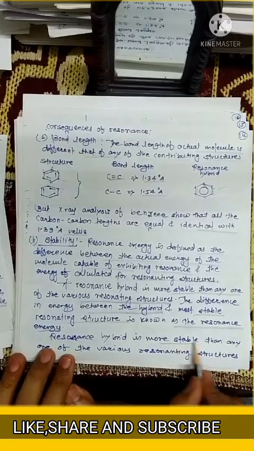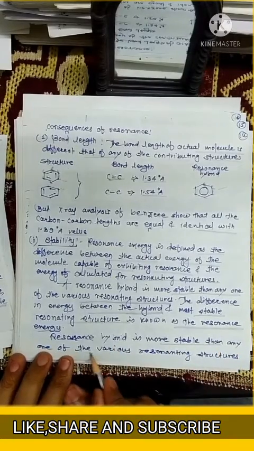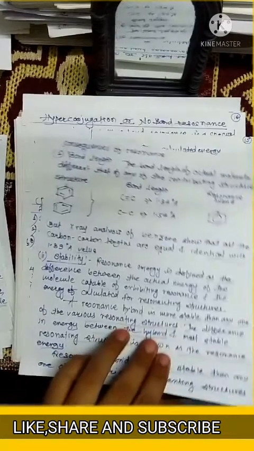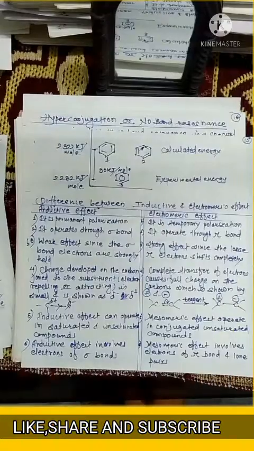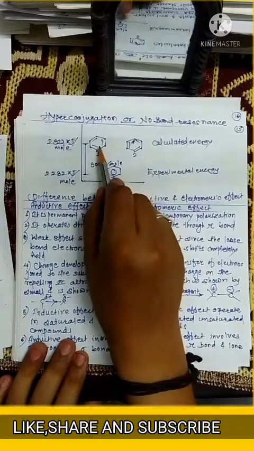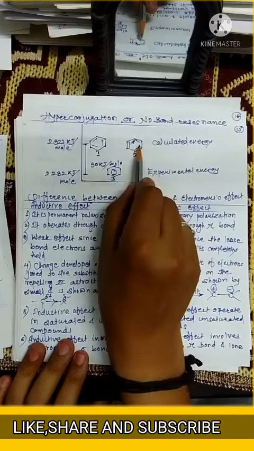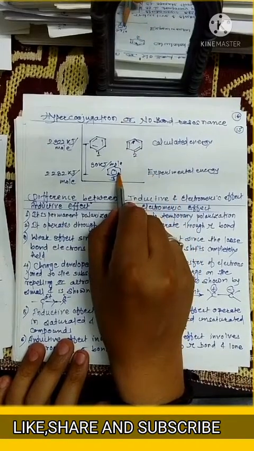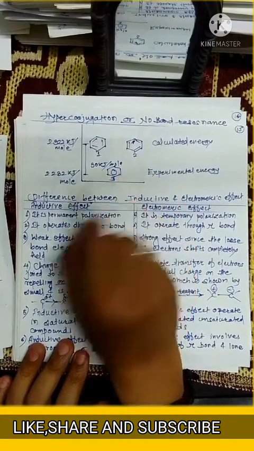Resonance hybrid is more stable than any one of the various resonating structures. It is an important point. So just see here, these two are canonical forms of benzene, and this is the resonance hybrid of benzene.